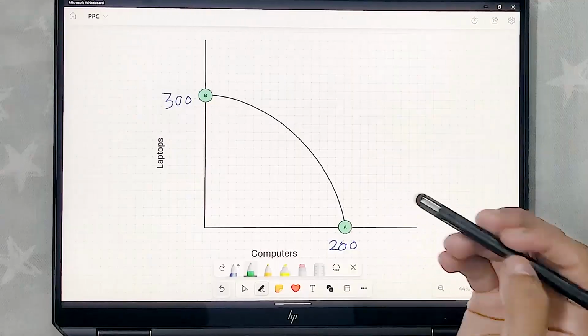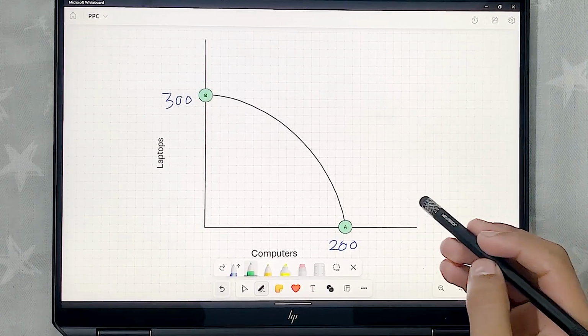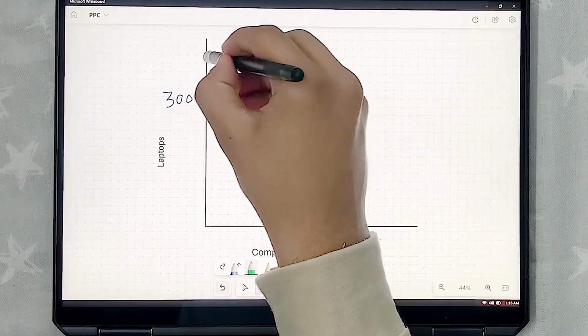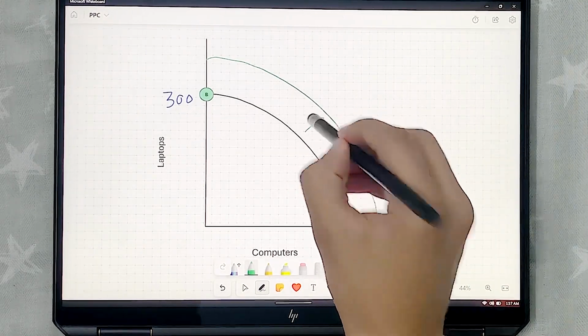It is important to note that the PPC is not fixed. Based on FOPs, the PPC can either shift inwards or outwards. An increase in the quantity or quality of the firm's existing resources will result in an outward shift, and it has to be represented in this way.